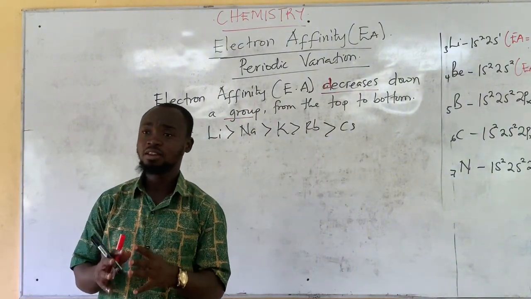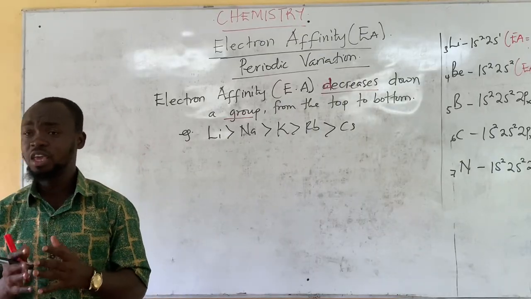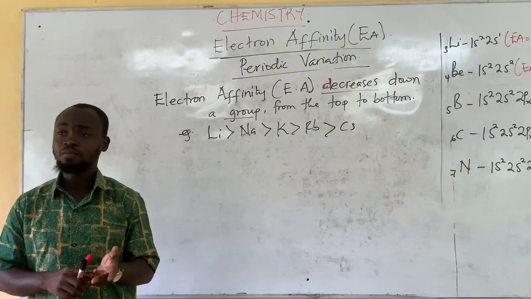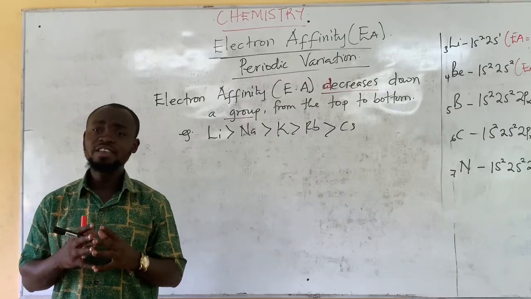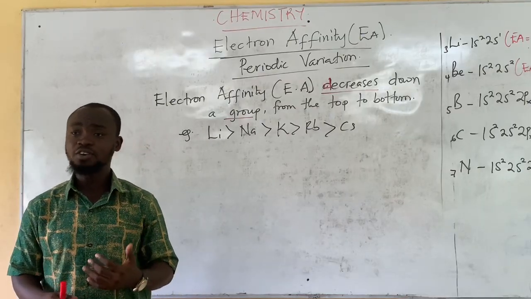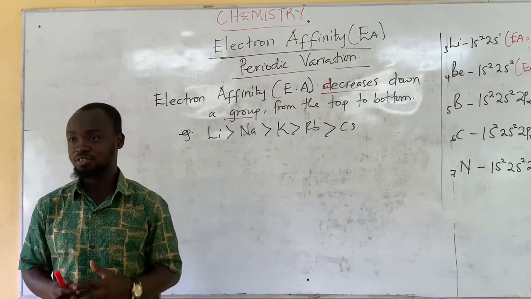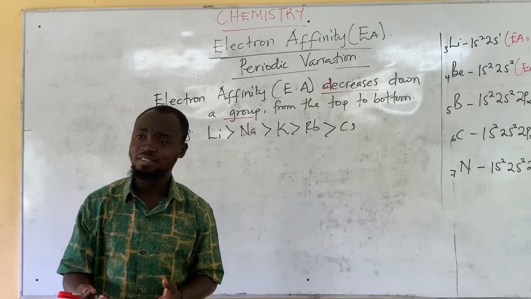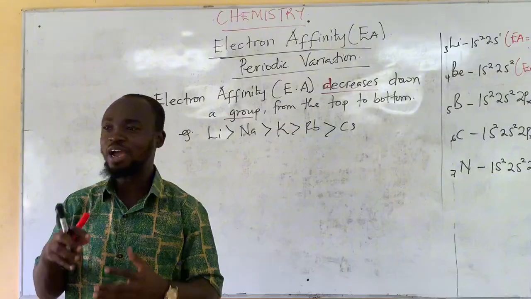What is the meaning of this variation? Down the group, if we could recall, we said there is an increase in number of shells. And what is the implication of an increase in number of shells? It implies that there is an increase in number of inner or core shells, which implies an increase in inner electrons or core electrons.